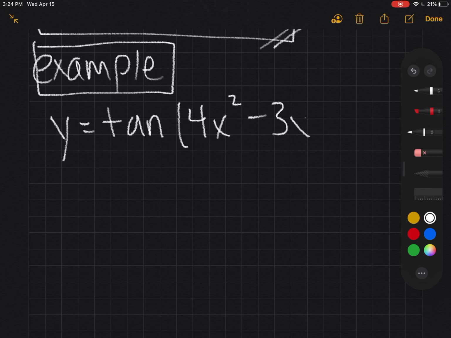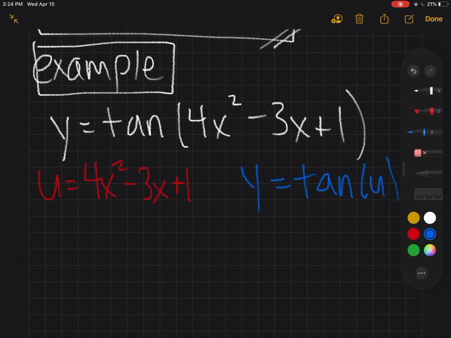All right, I'm going to give us another example here, just because with the chain rule, we could always use more practice. So let's find the derivative of y is equal to the tangent of 4x squared minus 3x plus 1.